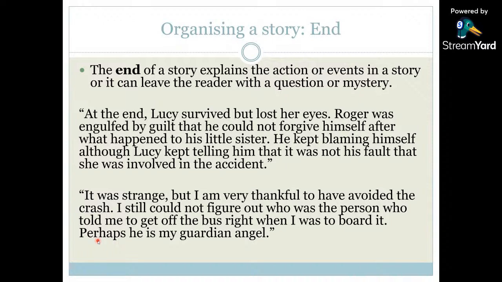Jadi sampai sekarang pun saya tak boleh fikir siapa orang yang bagi tahu saya untuk turun daripada bas masa saya betul-betul nak naik bas tu. Okay, maknanya cerita dia tu, awal-awal cerita dia tu, dia nak naik bas tapi ada orang yang bagi tahu jangan naik bas. Okay, jadi dia pun terselamat daripada kemalangan.